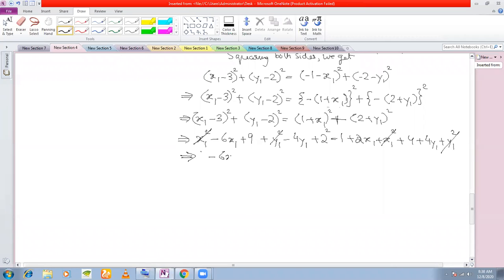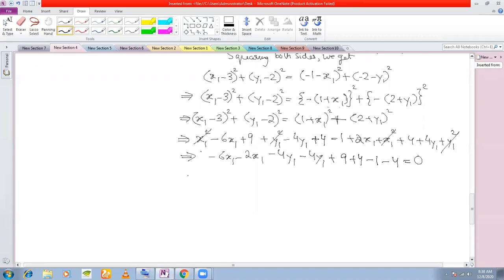So you get minus 6x1 minus 2x1, minus 4y1 minus 4y1, okay, yes, they are different signs. And this is 4, so writing 2 square, let us write 4. So this is plus 9 plus 4 minus 1 minus 4 equal to 0.